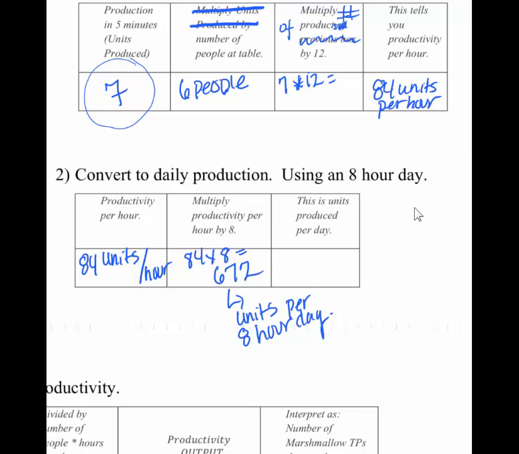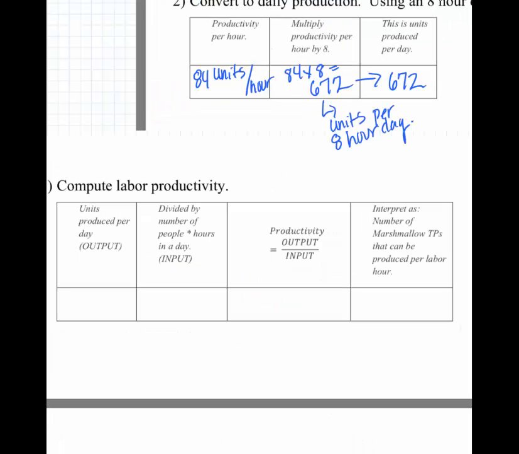So this last box over here is kind of redundant, but it's the final product here, which is 672 units per day. Now we move on down to part 3, where we start out by writing down our output. So that's our units per day, our output. So we have 672 here, and we're going to divide that by the product of the number of people times the number of hours, or our total input.